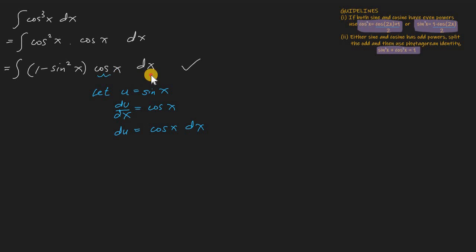Next, let's substitute all in terms of u. 1 minus, this is the u square, and here cosine x dx is our du. Now we can integrate. When we have a plus minus, we can split it, so it becomes the integral of 1 du minus the integral of u square du.